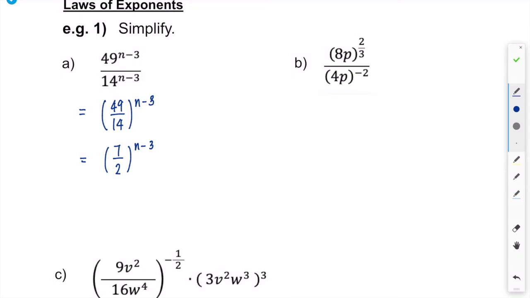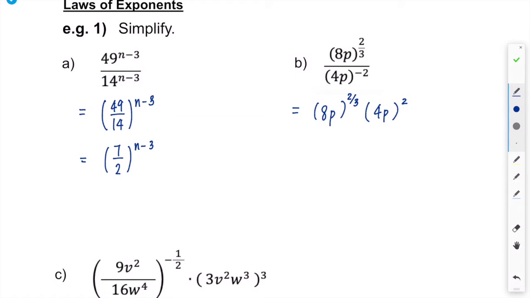Most of the time, I don't like the distraction of that negative exponent. So in this case, I can rewrite 8p to the power of 2/3 and multiply by 4p to the power of positive 2. Then I will worry about expanding the brackets now.